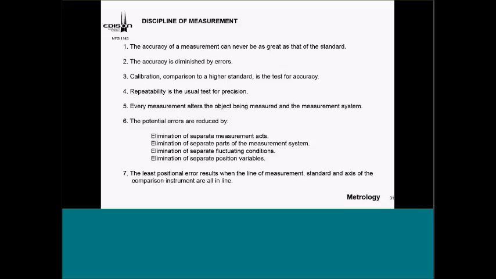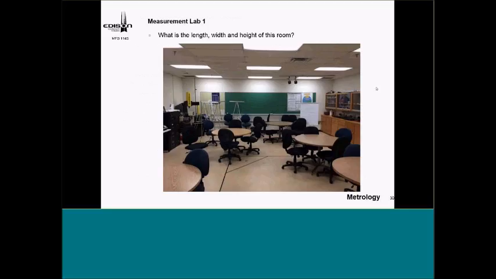So I'll ask them several times, how about remeasuring it again? And every measurement alters the object being measured in the measuring system. And with that, what we need to do is eliminate the separate measurement acts, or the different parts, or the fluctuating conditions, or the position variables. So as I discuss that, I'm saying, okay, how many of you had trouble trying to find a straight line?